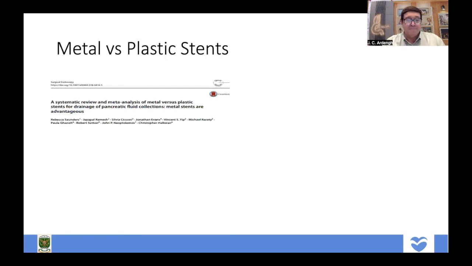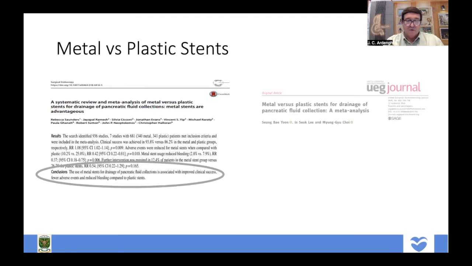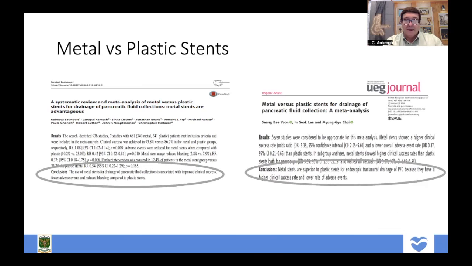These two recently published meta-analyses show that LAMS have better clinical outcomes and fewer adverse events compared to plastic stents. Therefore, LAMS is indicated in the majority of patients with pancreatic fluid collections.